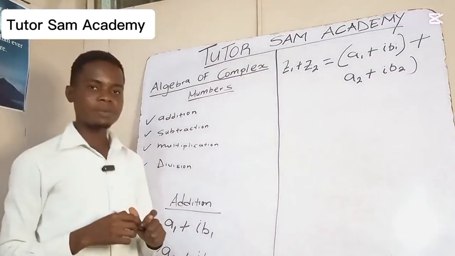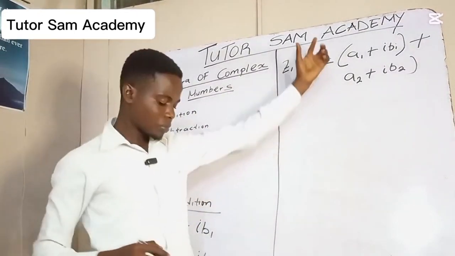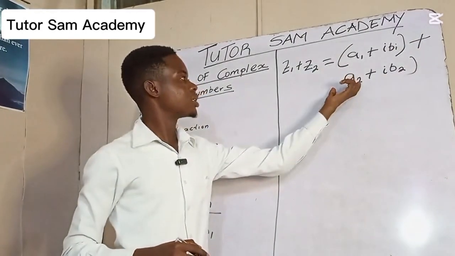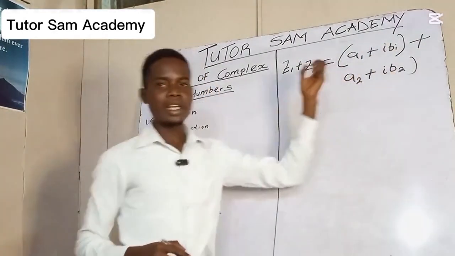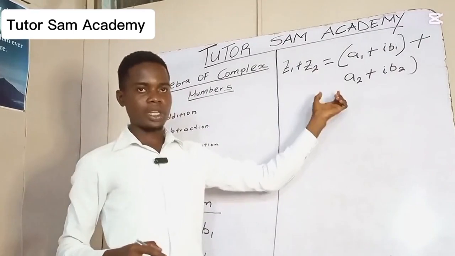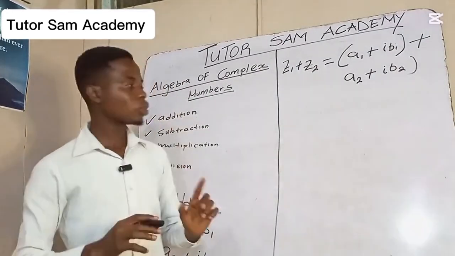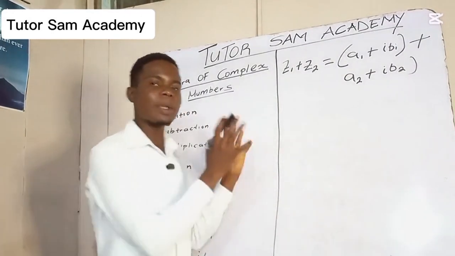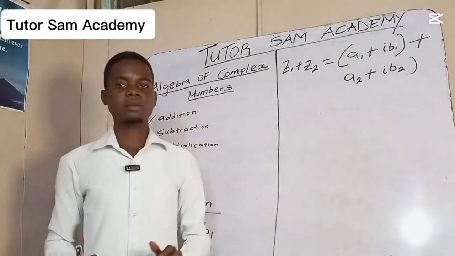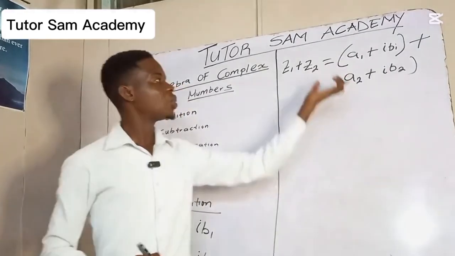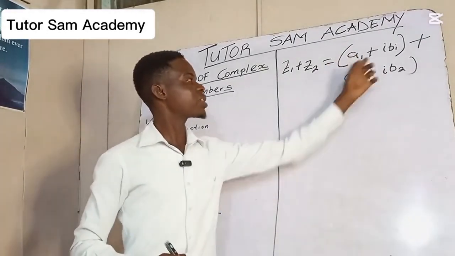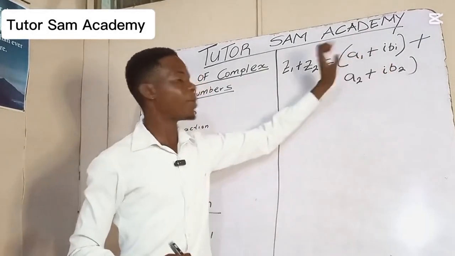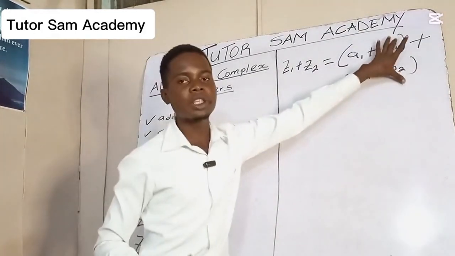When you are adding, you add the real parts together and the imaginary parts together. Don't forget, in my last video, I told you that your complex number contains both an imaginary part and a real part. So when you are adding, you add the real part, the one that doesn't contain this I, together. Then you add the imaginary part together.